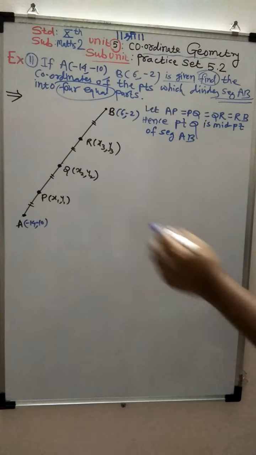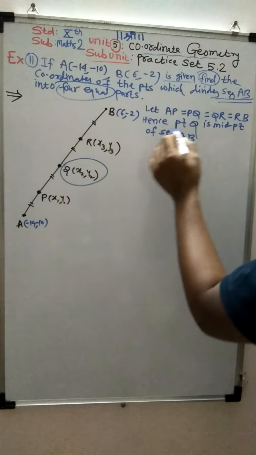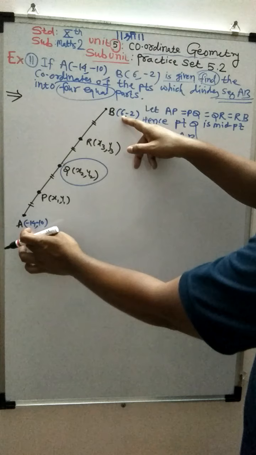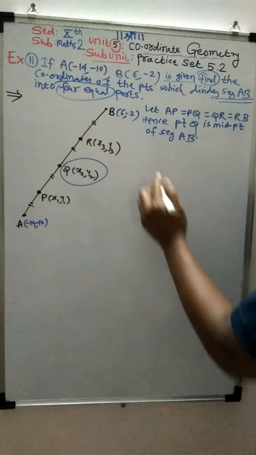So to find the coordinates of point Q, where the two points are given, use the midpoint formula. What is the midpoint formula? The x coordinate of Q is the sum of the x coordinates divided by 2, and the y coordinate is found by the sum of the y coordinates divided by 2.